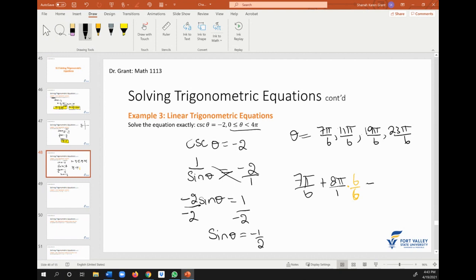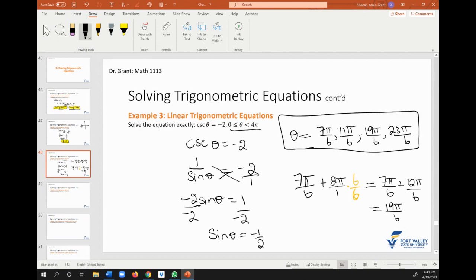And so this becomes 7 pi over 6 plus 12 pi over 6. And so that's how we got 19 pi over 6. So by adding another rotation, since it's 2 pi, okay? And the same thing if you were to add 2 pi to 11 pi over 6. So these are your possible answers for theta.